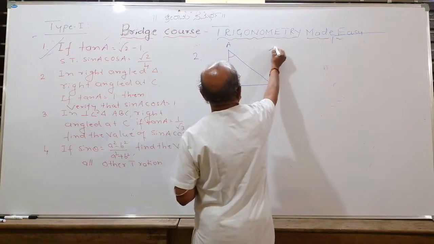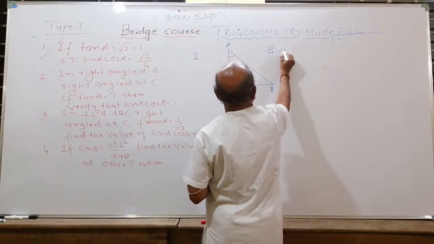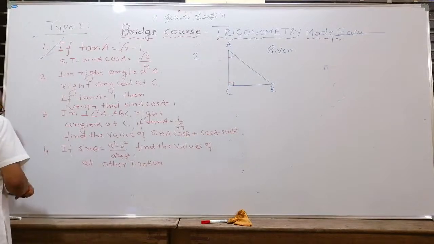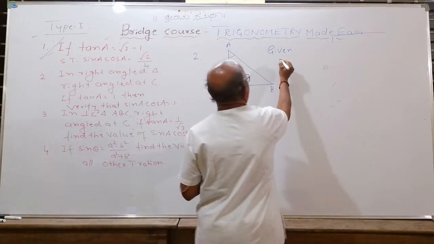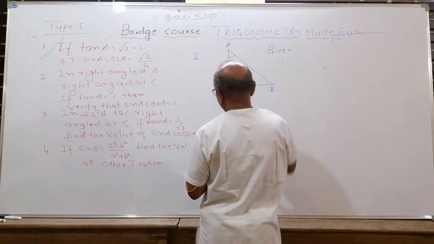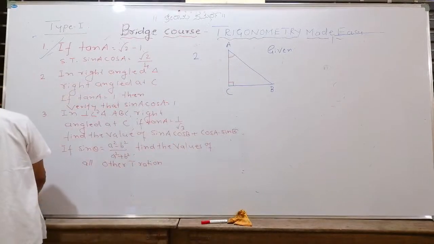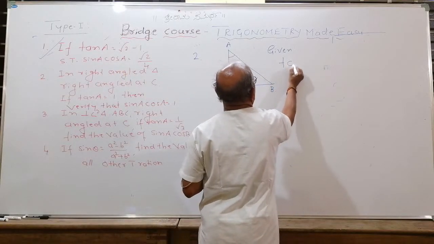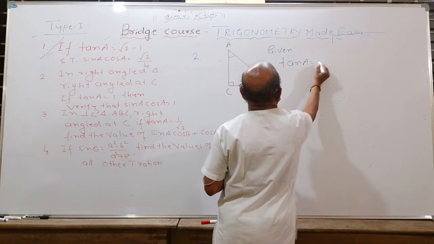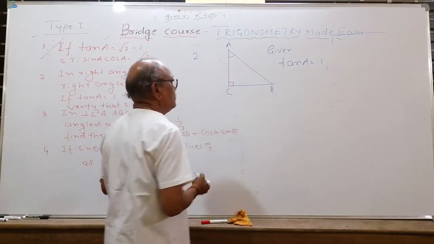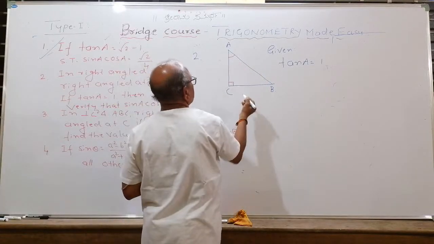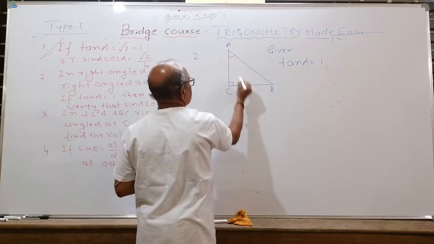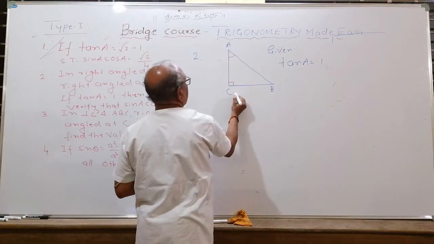Given that tan A is equal to 1. Observe carefully. Tan A is equal to 1 means what? Tan A is nothing but opposite to A, which is BC.